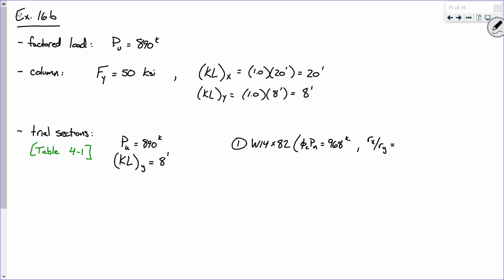If KLX is larger than KLY, we need to do this additional check. If they're equal, we don't. And if it's less than, that would indicate a design that really doesn't make a lot of sense. The strong axis isn't what really needs the bracing in those instances, the weak axis.